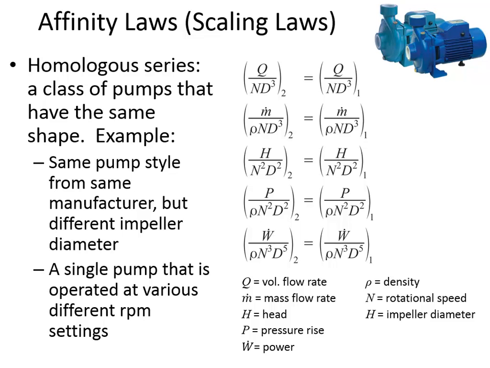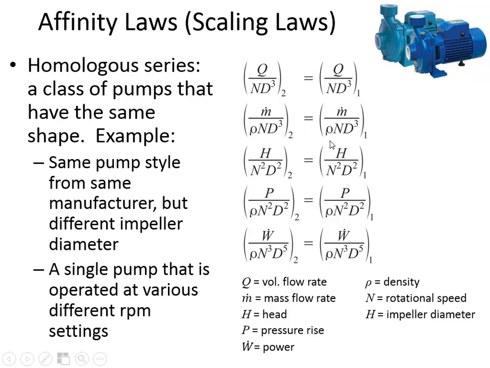Now, rotational speed is the only one that I think we really need to emphasize. The rotational speed that they're talking about here is how many radians per second the pump is turning. Sometimes it doesn't matter if you use the right units, because if you use RPM on one side, RPM versus RPM, it's going to be the same.